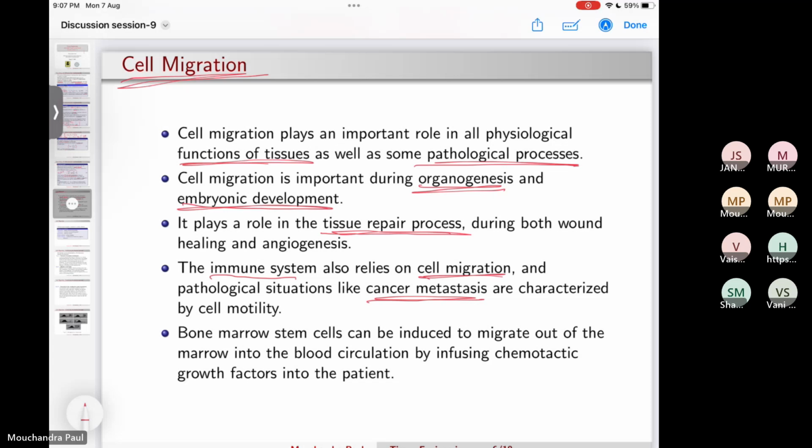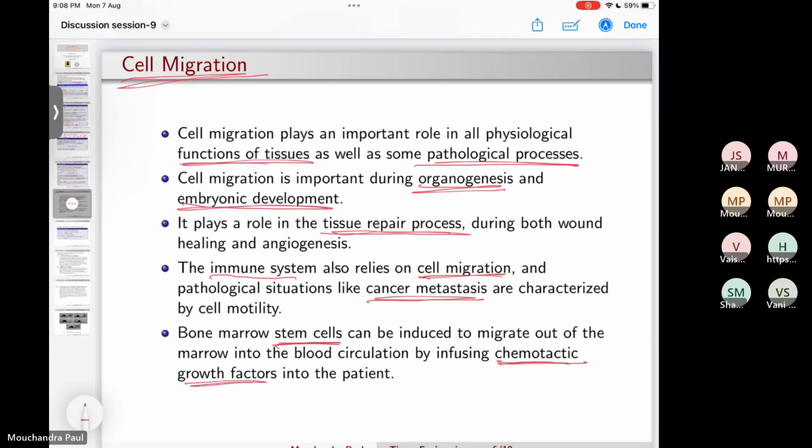Sometimes you can actually trigger cell migration of stem cells as well. Stem cells can also migrate from their native location. People have injected some chemotactic growth factors. These are the signaling factors that signal the cells to come and migrate towards the source.